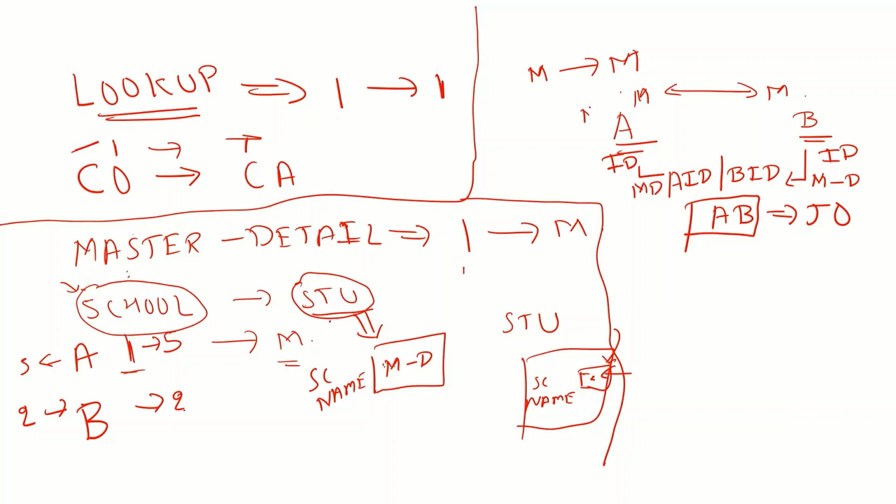So A will be master, AB will be detail, B will be master, and again AB will be detail. So there will be two master details created on the junction object. One will be with A and the second one will be with B. Then AB will be treated as a junction object which will hold both the record IDs or the unique fields which we want to display according to our choice or the business requirement.